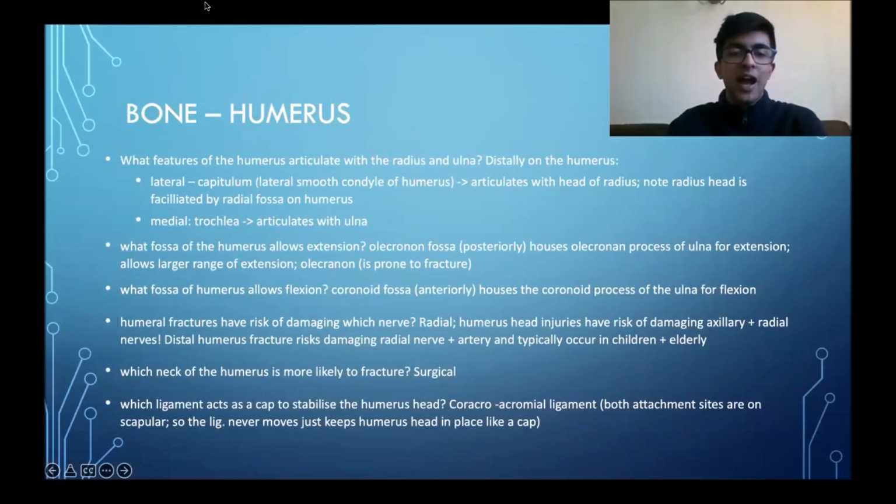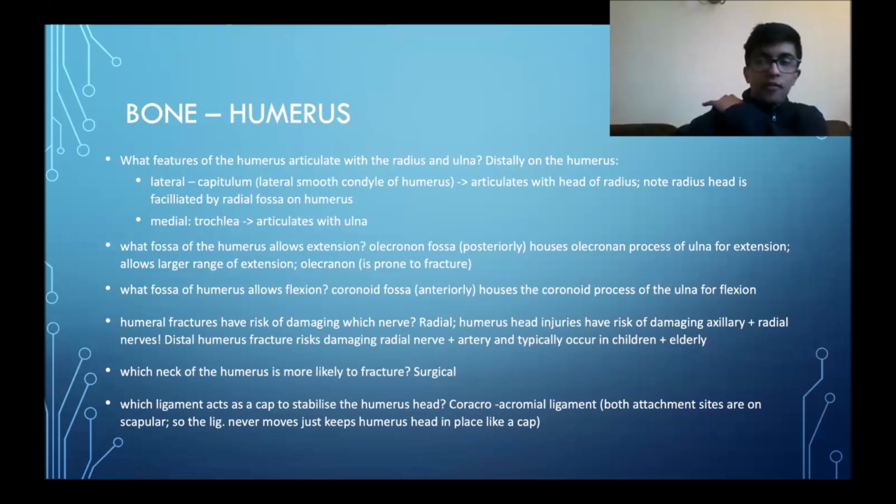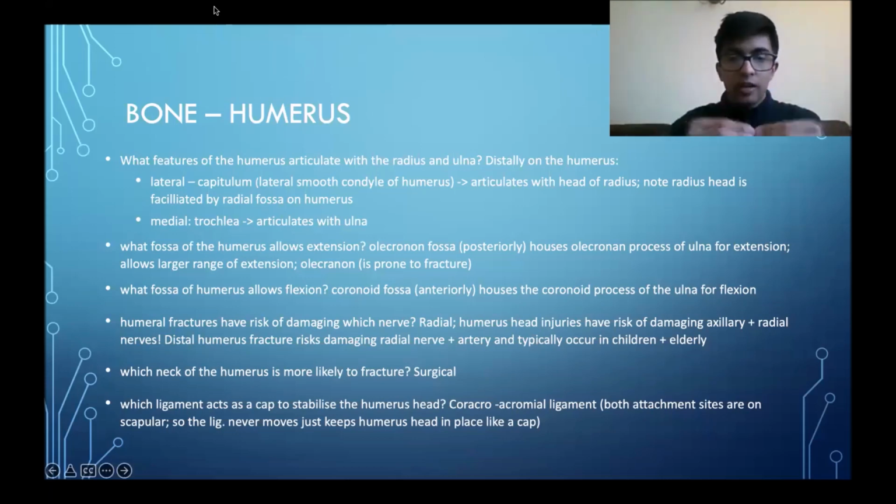Ligaments act to stabilize the humerus head, and you have one ligament that is key, and that's the coracoacromial ligament, an attachment site for the scapula. The thing about this ligament is that it never moves, so it just keeps the humerus head in place. So you have your humerus head, the coracoid of the scapula, and the acromion, with a ligament between those two places, right? So that's the humerus.